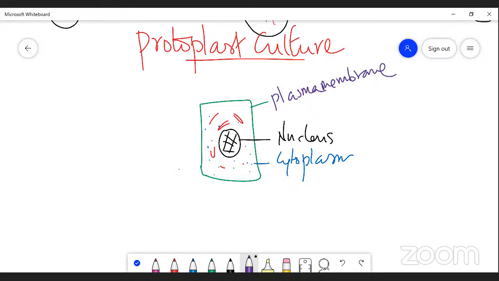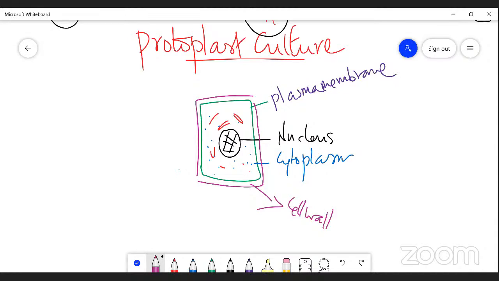Here the plasma membrane is also bound by a cell wall. This is the cell wall. When the cell wall is not present, and the cell is bound only by the plasma membrane, that is called the protoplast.